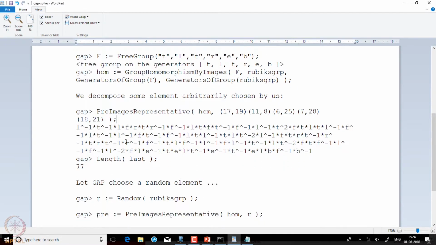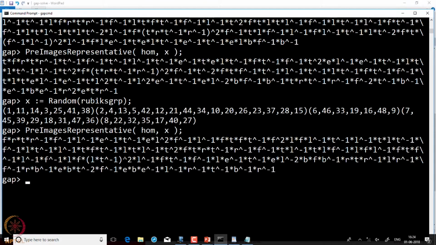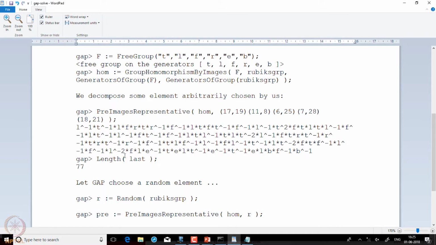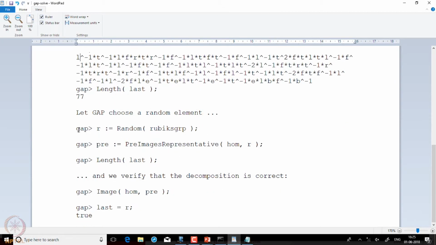So I do that. And how much is the length of that? Well, let's see. Length is also a command, the length of whatever is the output from the previous command. In this case it's 98. In some earlier program that I had written, for which I had done the calculation, it was 77.